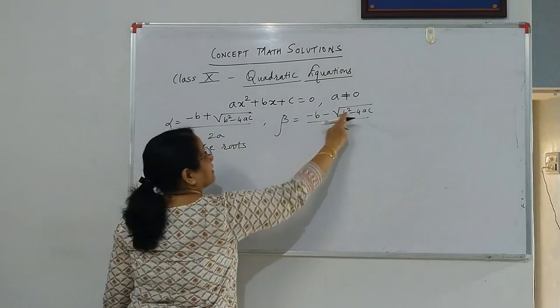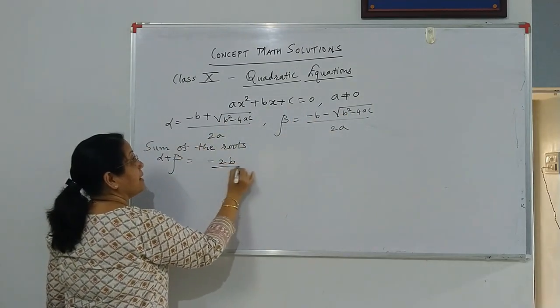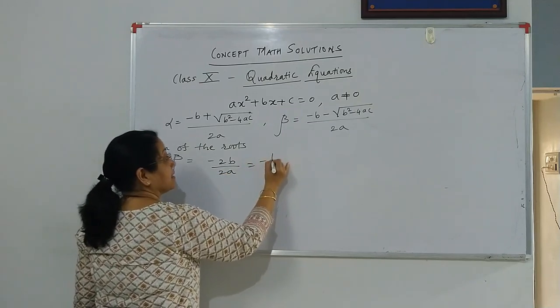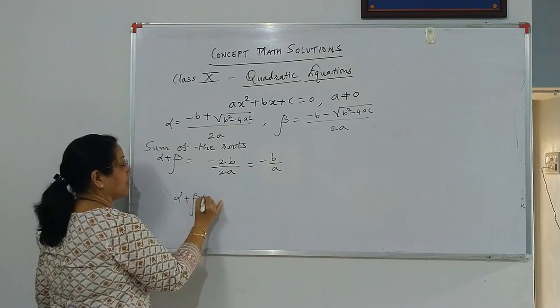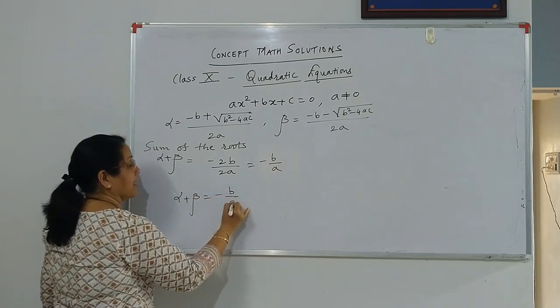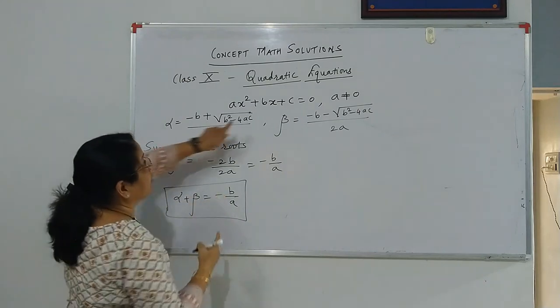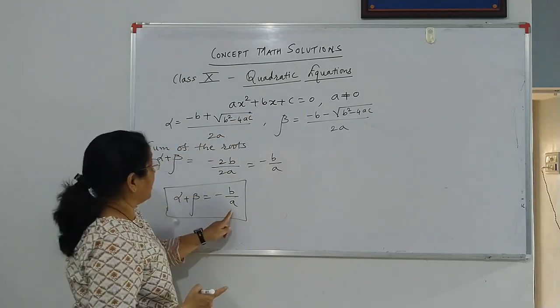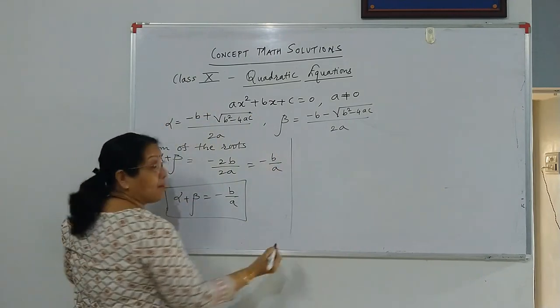So this term will get cancelled. Minus b plus minus b, minus 2b by 2a, and that's minus b by a. That is, the sum of the roots in a quadratic equation is minus b by a. Now understand, b is the coefficient of x and a is the coefficient of x square.